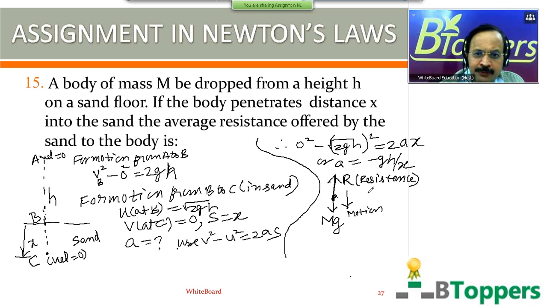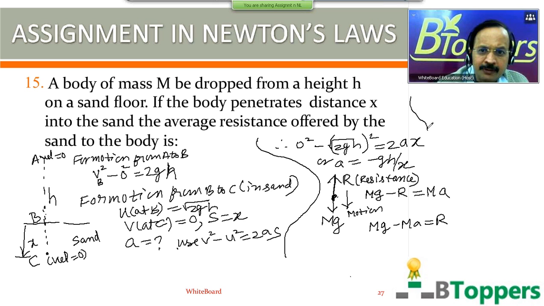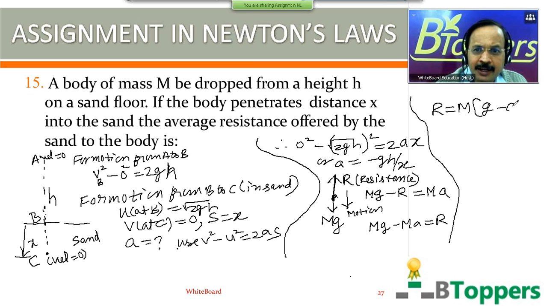So the resultant force in the direction of the motion during the motion in the sand can be written as mg minus R. From Newton's second law, that can be written as the product of its mass and acceleration. So from this equation, you get mg minus ma equals R, so R equals m into g minus a.